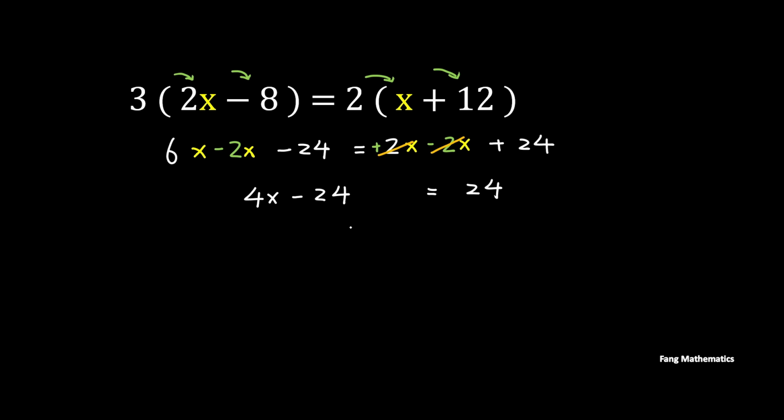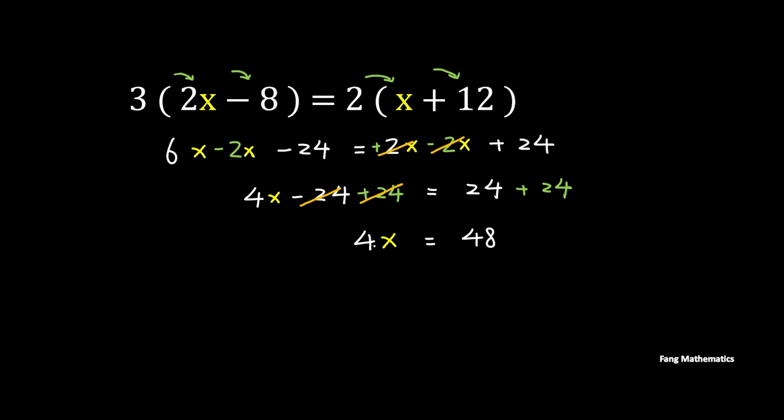And we can solve this equation by removing the minus 24. So we add 24 to both sides of the equation. On the left, I believe the minus 24 gets eliminated with the plus 24, leaving you the 4x. And on the right, 24 plus 24 gives you 48.